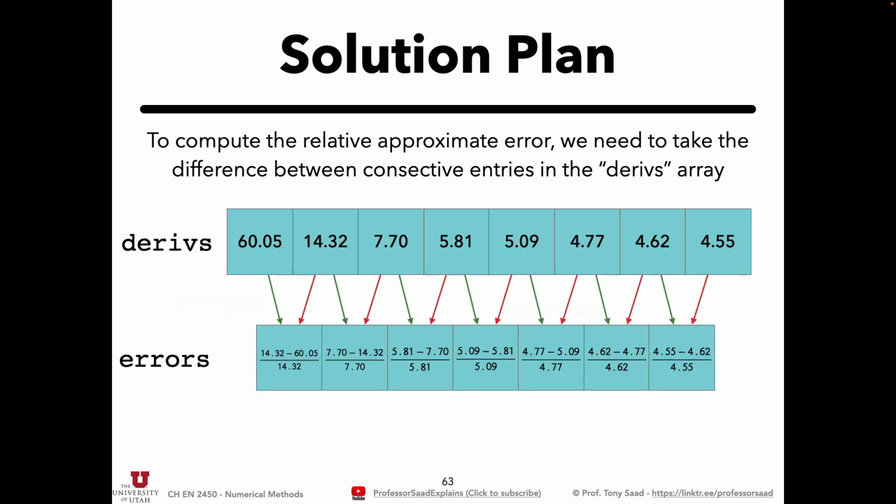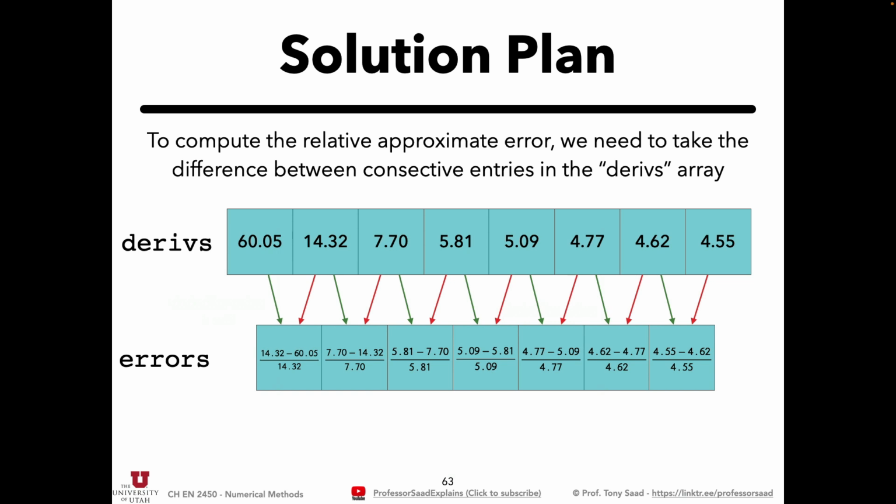Now, to compute the relative approximate error, we need to take the difference between consecutive entries in the derivatives array. So if you think about it, if you write it in this way, that's why it's so powerful to try to write things and try to visualize them. This was our derivative array. Our first error was defined by the difference between these two numbers, 14 minus 60, right? Better approximation minus worse approximation.